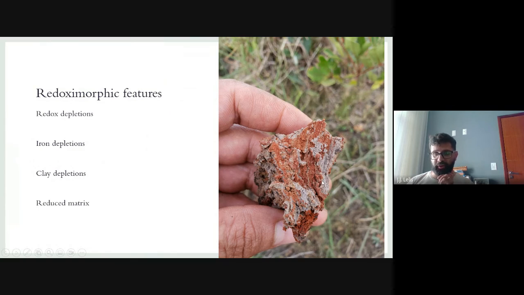So we are losing iron in the voids because this oxic soil is now developing stagnic properties, and we have stagnant water inside the voids that is producing these gray colors.